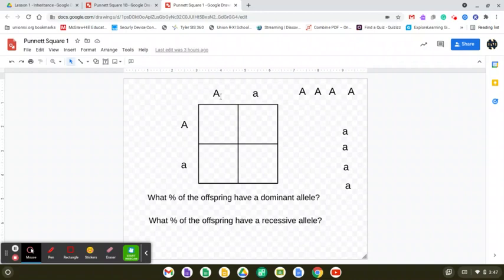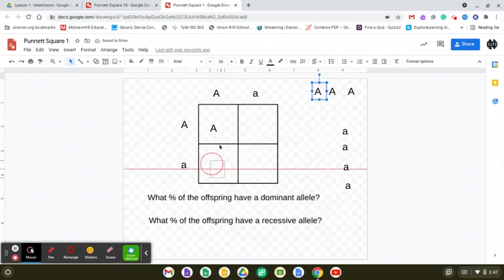So how we fill in the Punnett square is we are going to take this allele here for the genotype, big A, little a, and drop it down to both of these boxes. So I take that big A and put it in that box, and I take the same big A and put it in this box.